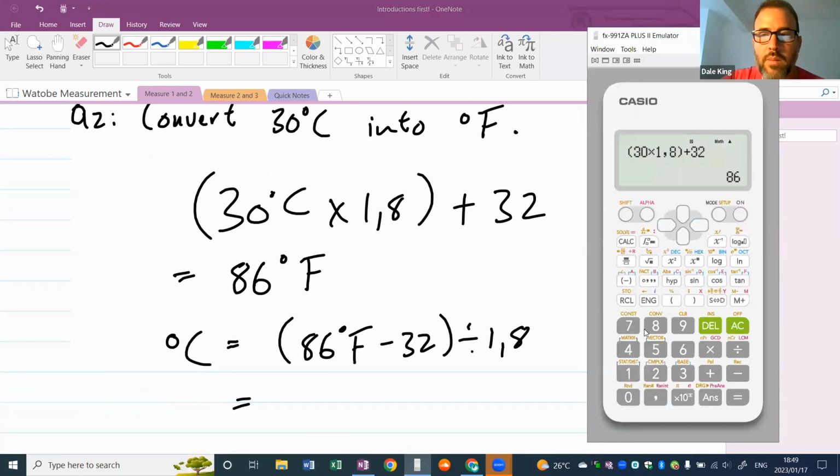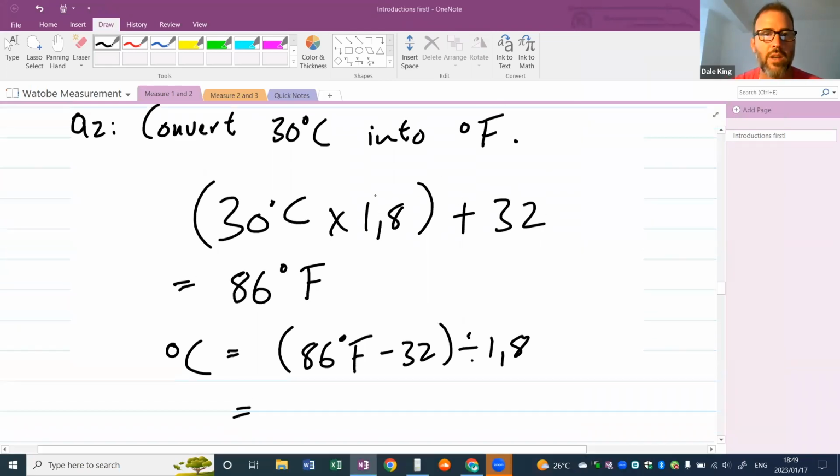All right, let's do this sum and let's test and see. All right, 86 minus 32 and divide by 1.8. Perfect. Absolutely perfect.